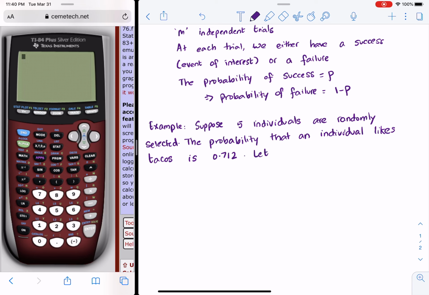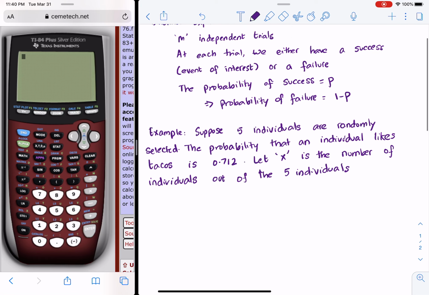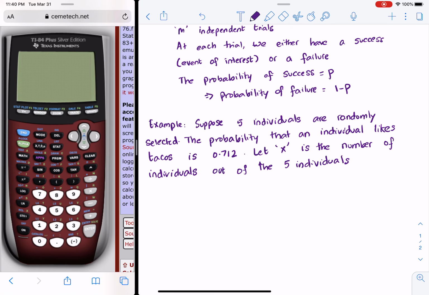And let's say X is the number of individuals out of the 5 individuals who like tacos.